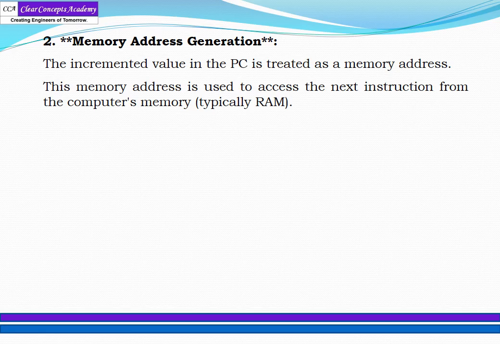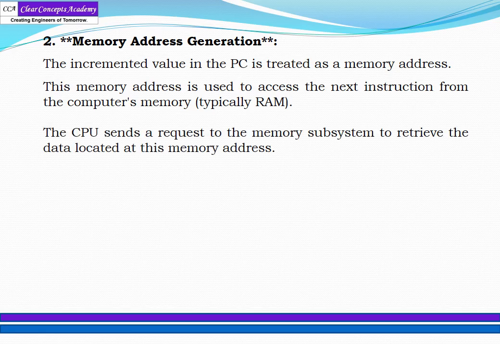This memory address is used to access the next instruction from the computer's memory, typically from the RAM, random access memory. The CPU sends a request to the memory system to retrieve the data located at this memory address.